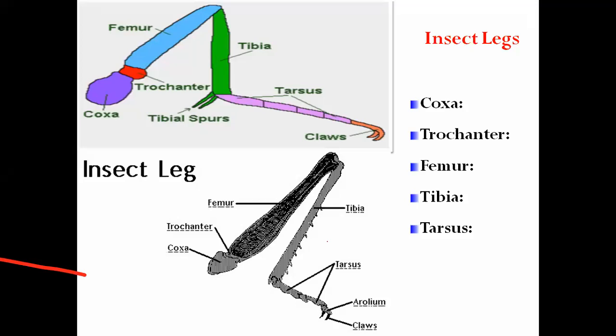On which part of the insect body are the insect legs present? Thoracic region. On which part is the formation of the insect legs? Thorax region.